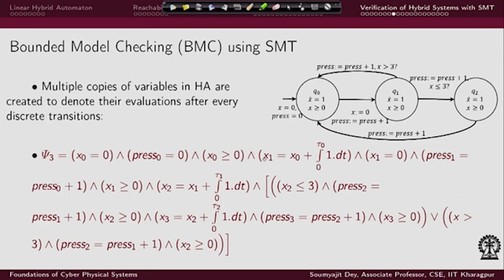So if you see this formula, here this is fine, and then you take this transition, that is also fine, and then you are here, you are updating press, you are satisfying the invariant x2 greater than 0, right, and then you are updating your final value, and then from here you are again increasing the press event, and here when you go, you need to again satisfy x3 greater than 0, right, or in the other way it's a direct transition to this state.